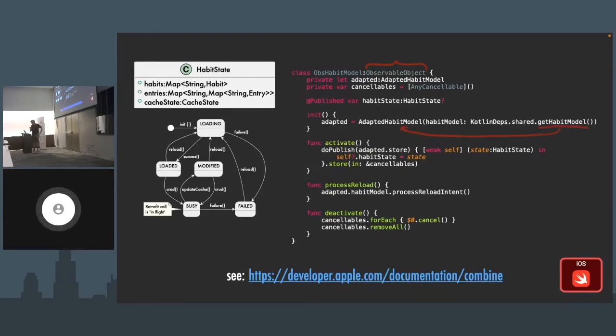Once you have your observable object created, what you want to do is get your habit model. I wrap it into the adapter. I've just shown you the Kotlin adapter a second ago. Once I have that, we have to write two functions, an activate and a deactivate function. That's basically what's going to allow SwiftUI to start and stop the observable.